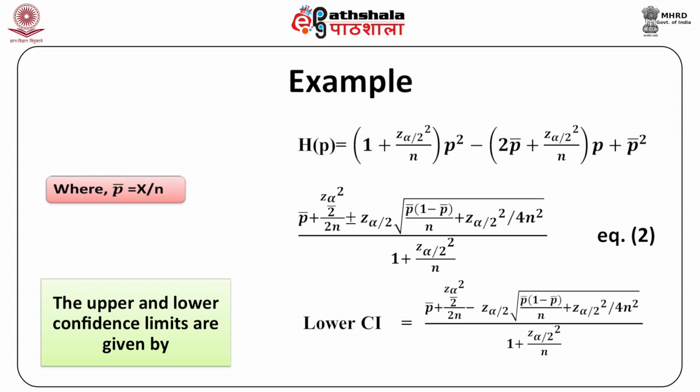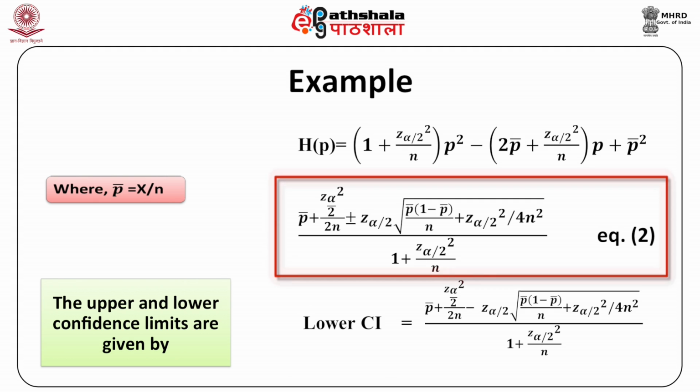The solution of H(p) after simplifying is: p bar plus Z alpha by 2 squared divided by 2n, plus or minus Z alpha by 2 times the square root of p bar times (1 minus p bar) divided by n plus Z alpha by 2 squared divided by 4n squared, the whole over 1 plus Z alpha by 2 squared divided by n. This is known as equation 2.